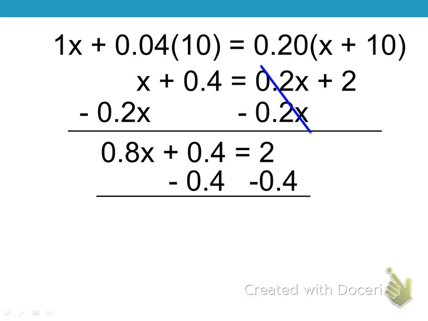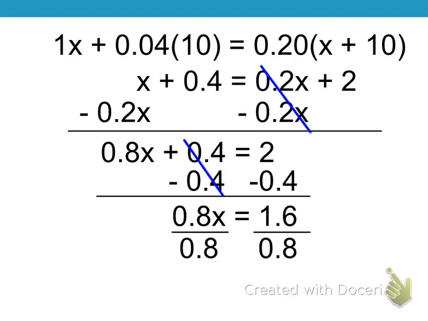So from here, I'm going to subtract the 0.4 from both sides. 0.8x equals 1.6. Divide. X equals 2. What are your questions? And we're talking about liters here, so your final answer is going to be 2 liters.